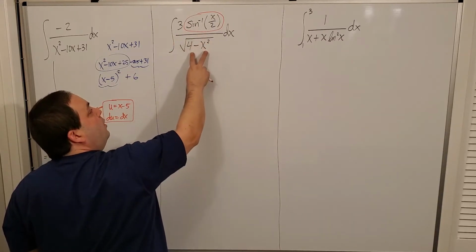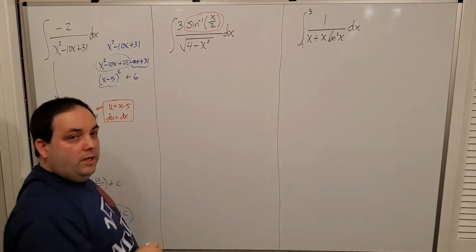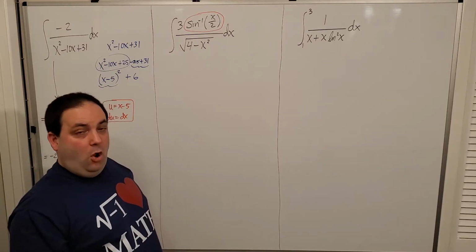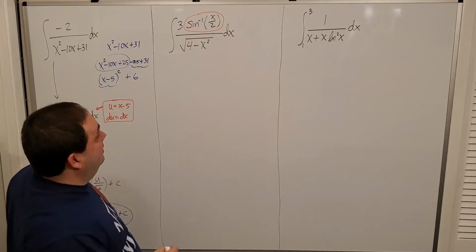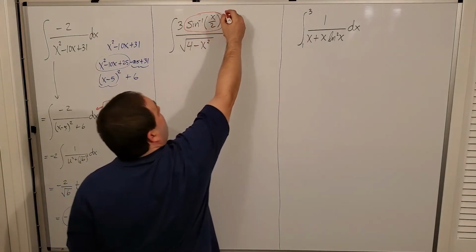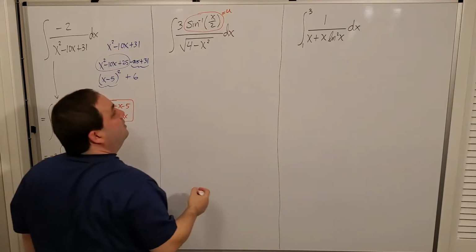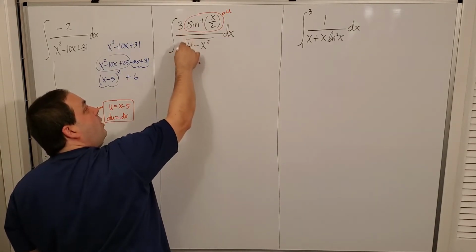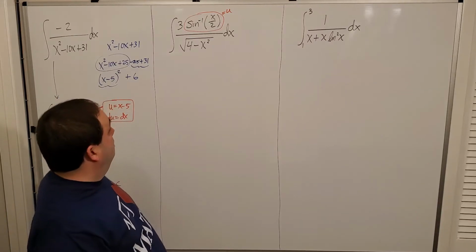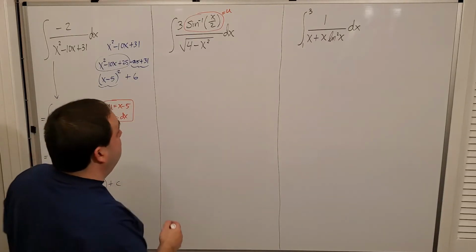Number over a square root with a difference of squares there. That looks just like the derivative of an arcsine, doesn't it? Well, that means if this were u, right, if I let this be u, then hopefully what's left over would be related to du. Let's find out.